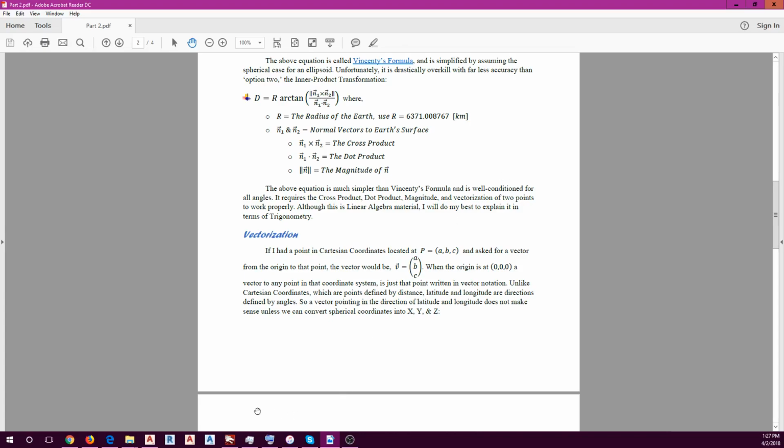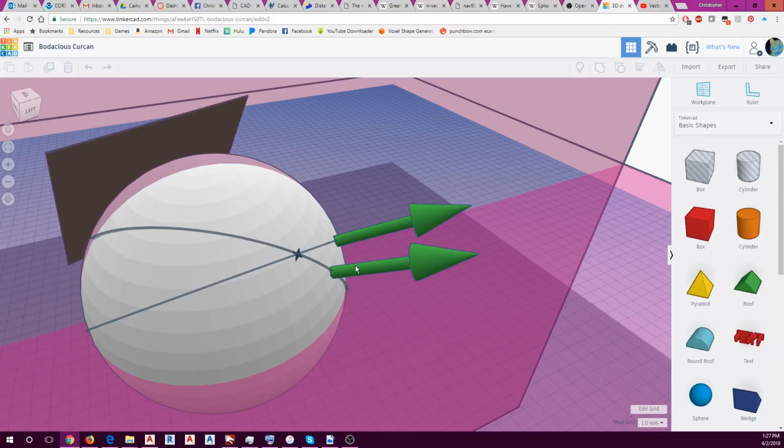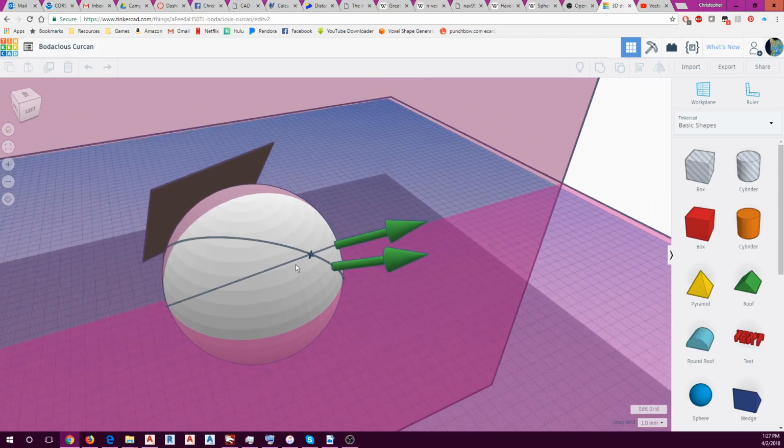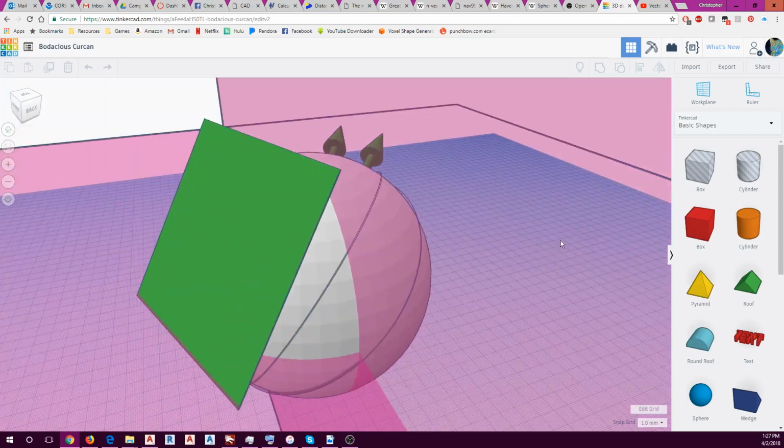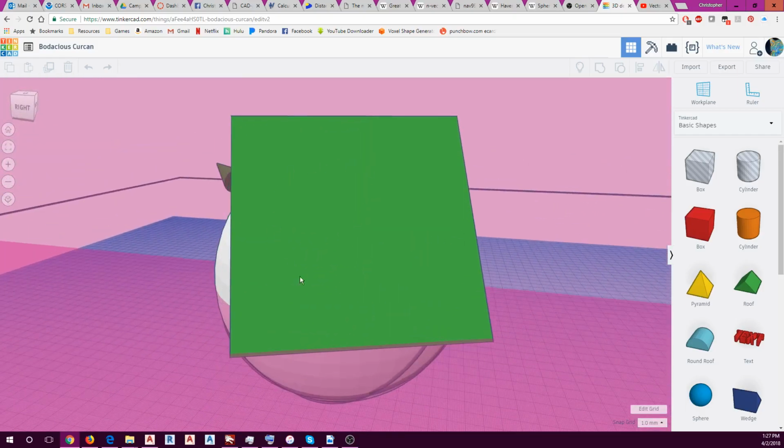And before I go in any further, I want to go back to this thing one more time. So these arrows are perpendicular to the surface of this sphere. Let's imagine that those arrows were perpendicular to this plane. They would all be pointing in the same direction, wouldn't they? And that direction, by the way, is the direction of the plane.